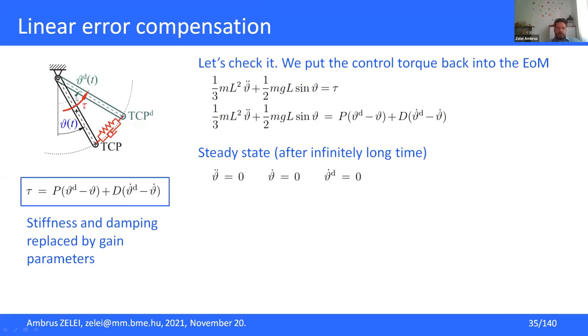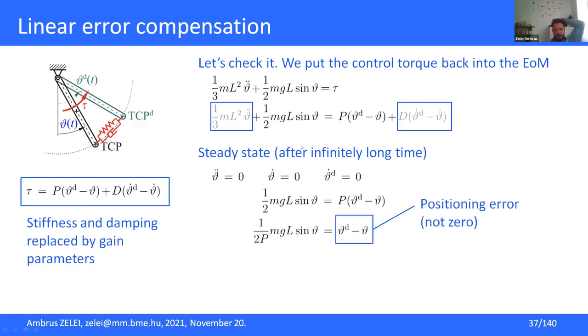So I just say 30 degrees or 60 degrees or something, and it's not moving in time. So we substitute these things into the equation of motion together with the control law on the right hand side. And these terms, which are velocity or acceleration dependent, will be zero, and then the middle part will remain.